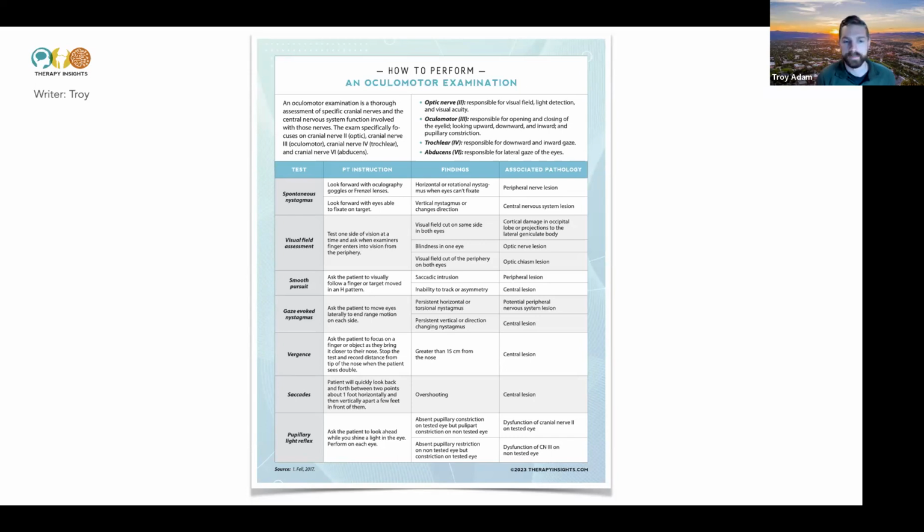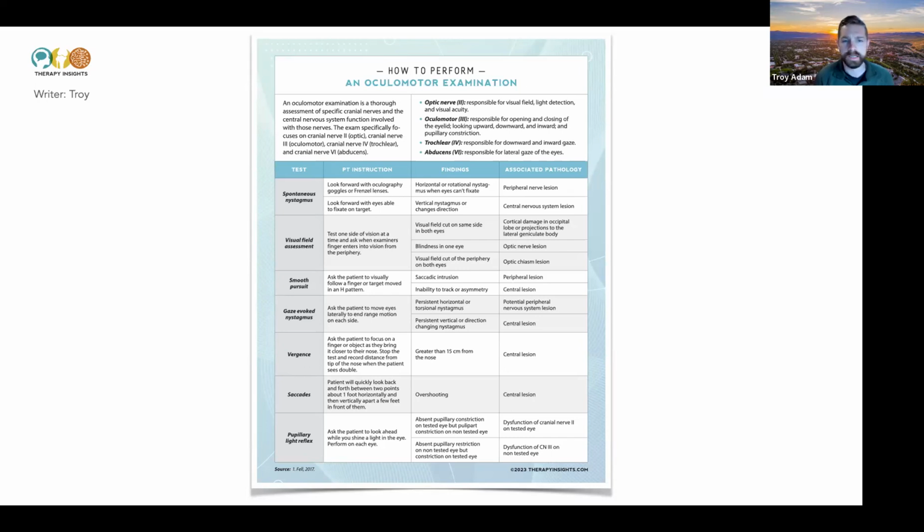So like Shweta mentioned, we have a variety of tests that are part of an oculomotor examination, how I instruct the patient on performance of that measure, and then based on the findings, what potential associated pathologies might be likely. So really, we're looking at peripheral nerve lesions or central nerve lesions.